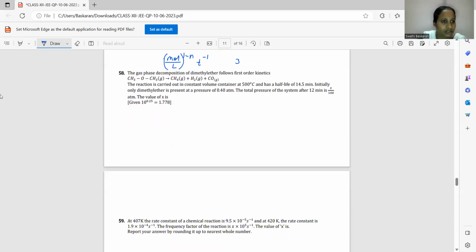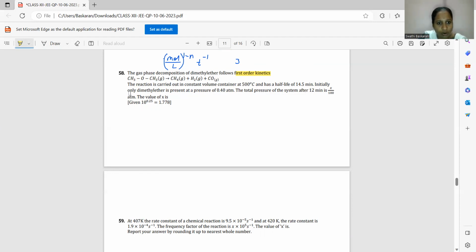Okay, next question. So what is the next question? Here is the gas phase decomposition of dimethyl ether, and they are saying that this reaction follows first order kinetics. The reaction is carried out in a constant volume container at 500 degrees centigrade and has a half-life of 14.5 minutes.